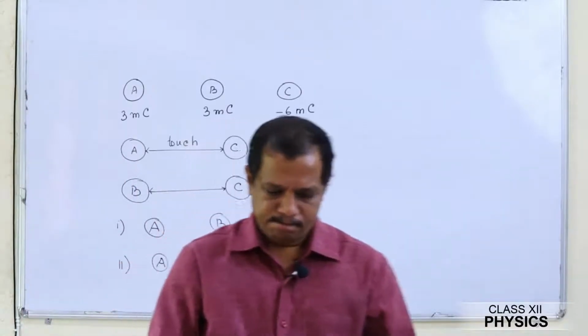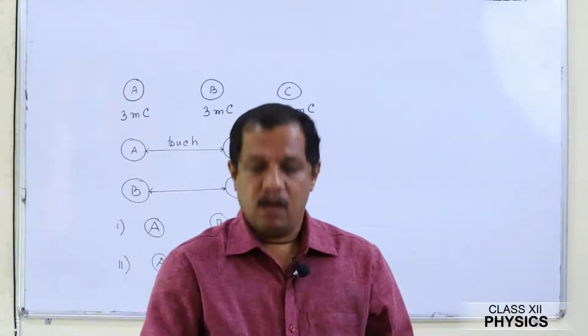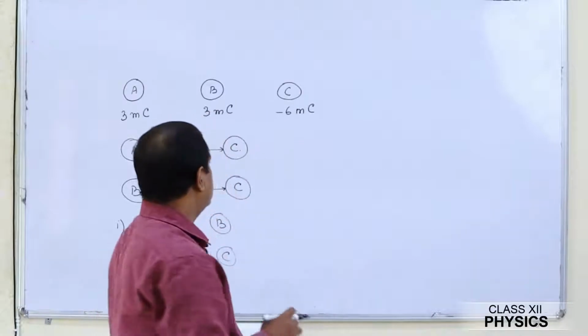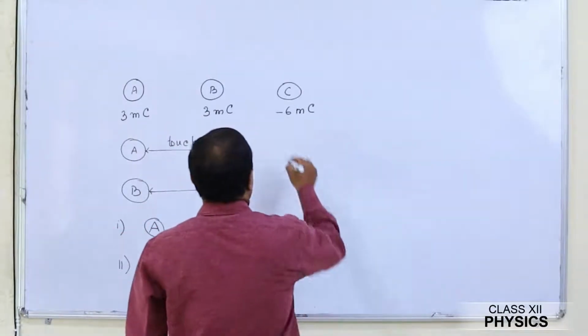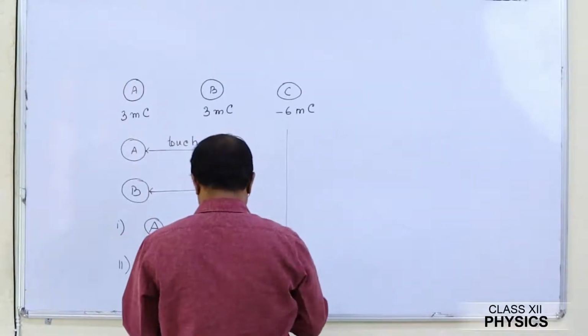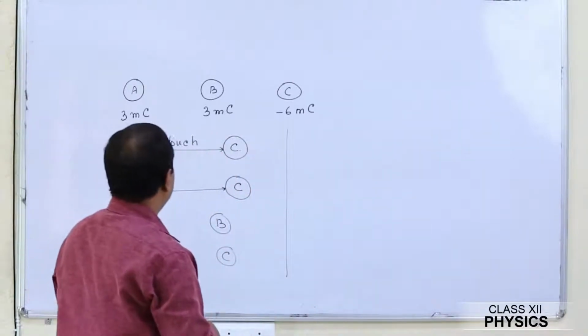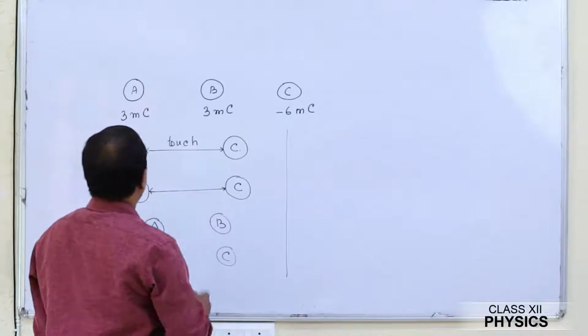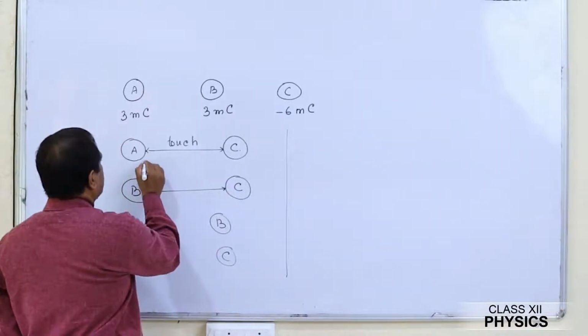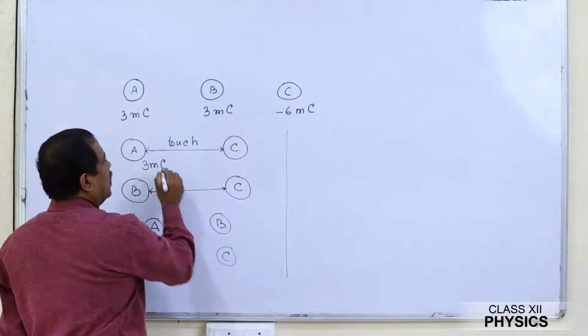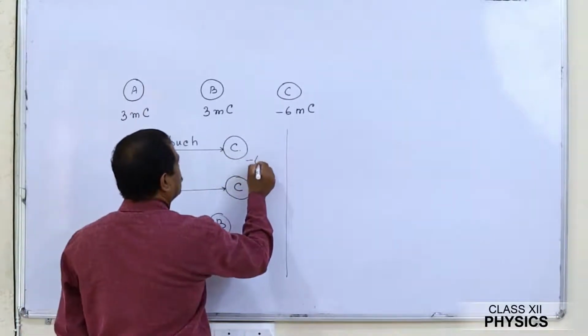In that case, let us try to see that body A and body C are touching with one another. In this case, body A has 3 millicoulomb charge and body C has minus 6 millicoulomb charge.